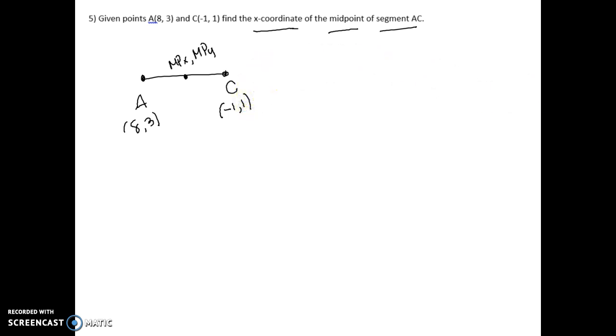Our very important first step is to label. So let's go ahead and label x1, y1, x2, y2. And if we recall, our formula was midpoint equals x1 plus x2 divided by 2, comma, y1 plus y2 divided by 2.